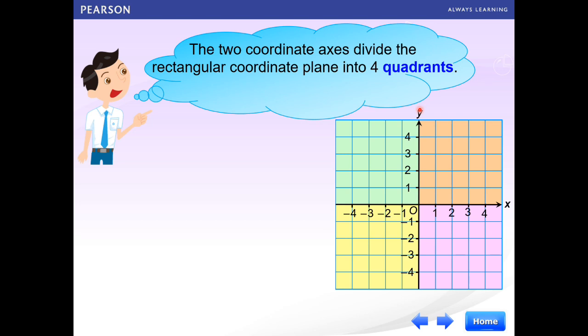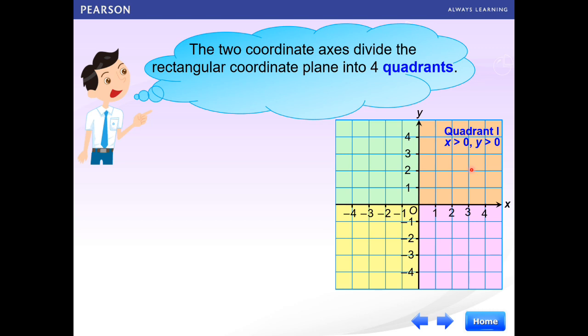We'll start from the top right-hand corner. I repeat, start from the top right-hand corner. And this will be our first quadrant. We'll call it quadrant 1. So you will see that in quadrant 1, the x coordinate and y coordinate are both positive, that is larger than 0.